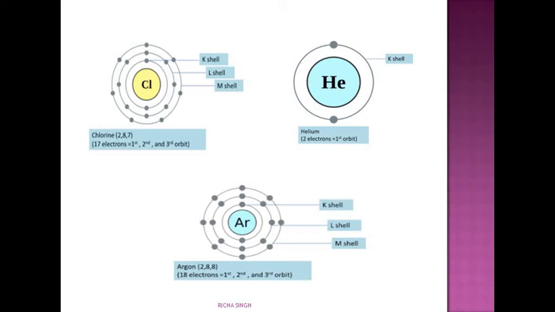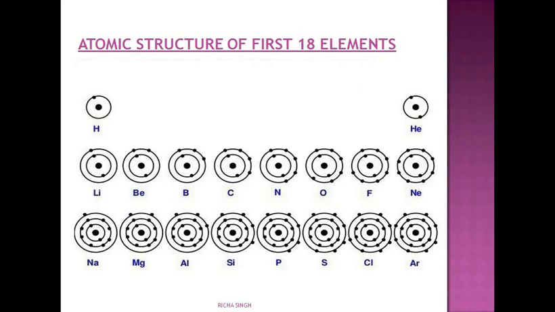For argon, it has 18 electrons, so 2 in the first K shell, 8 in the L, and again 8 in the M shell. In this way the electrons are filled by just using the formula 2n square, where n is equal to the number of the shell. Now these are the atomic structures of the first 18 elements.